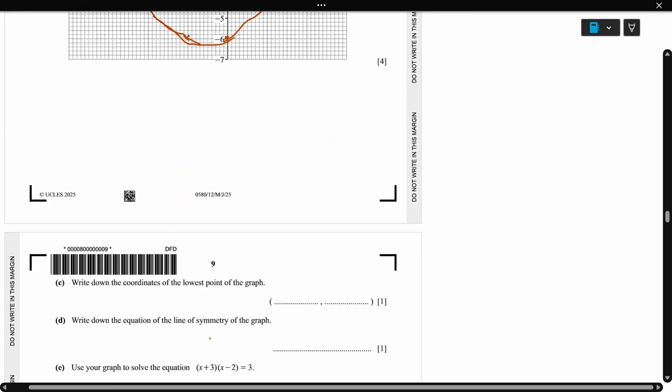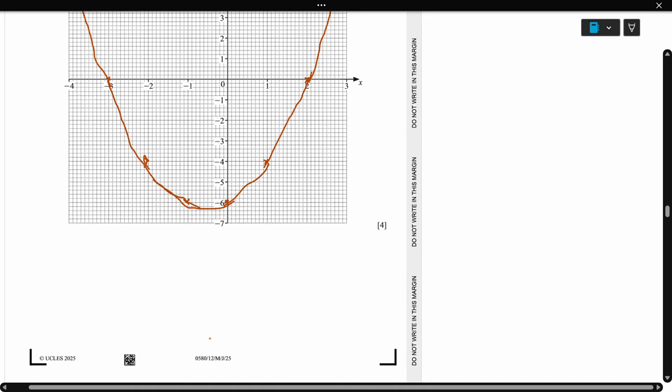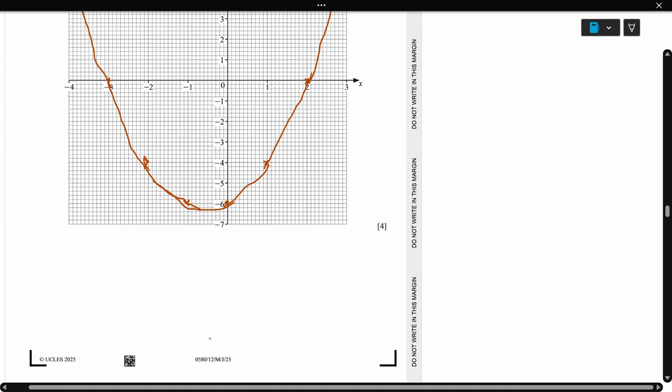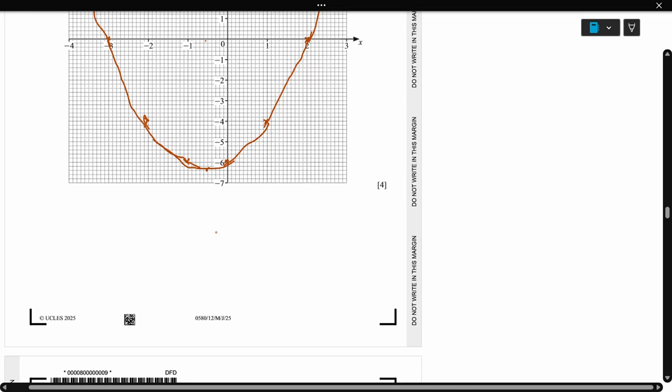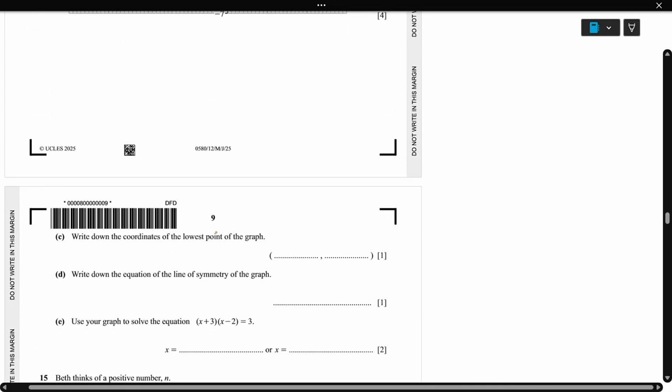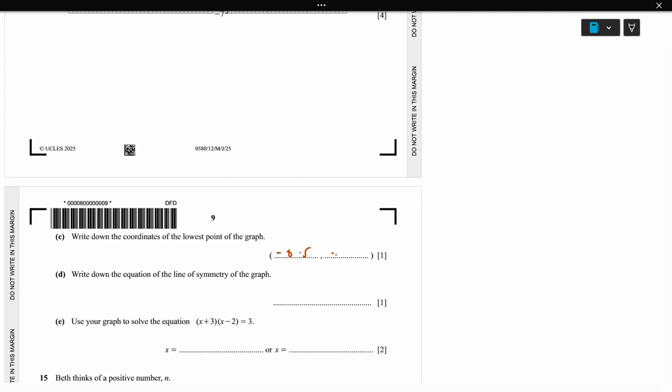Write down the coordinates of the lowest point on the graph. For the lowest point, approximately, we will get somewhere here, which is -0.5 and -6.5.